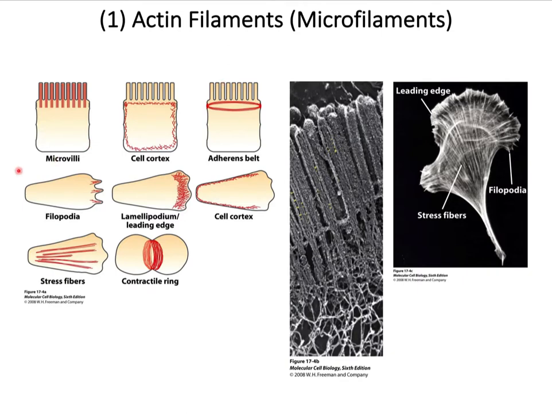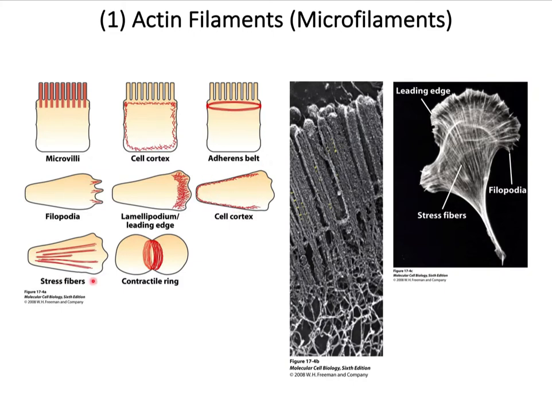In motile cells like white blood cells, right here, you will see actin in filopodia or lamellipodia. These are structures found on the leading edge of motile cells, and you can see a thin layer of actin around the cell as well, which provides structural integrity to the motile cell.